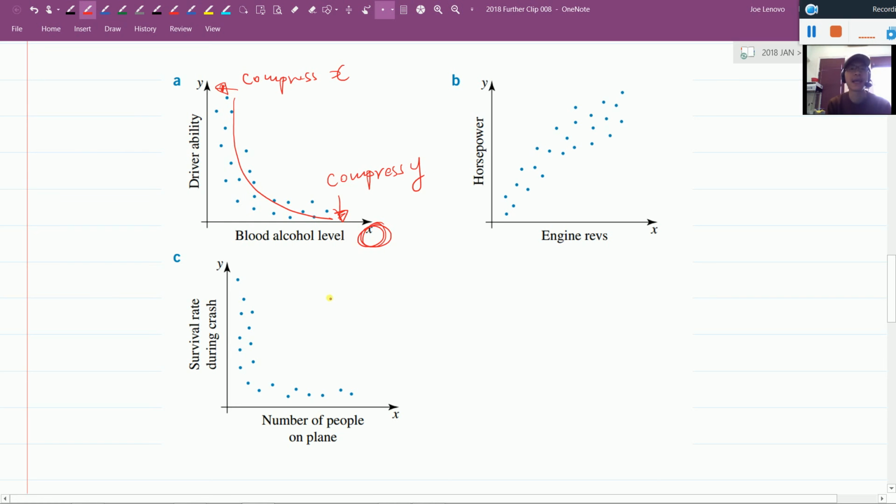We compress y. Right? Compress x, compress y. When you compress x, you either do reciprocal or log x. Compress y is 1 over y or log y. So by doing those compressions, this graph will become more linear.